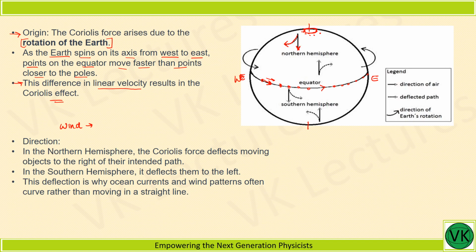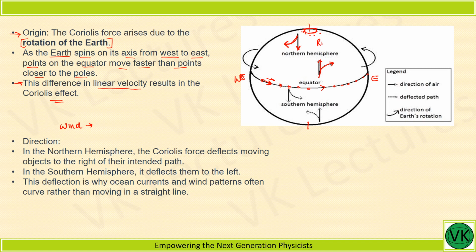If the wind is moving in this direction, it appears to move towards this direction. Similarly, when wind moves from the equator region to the higher altitude, it appears to move towards its right. Here also it moves towards the right.